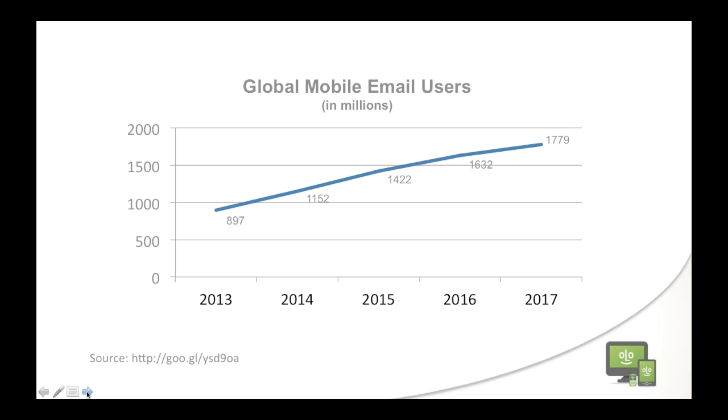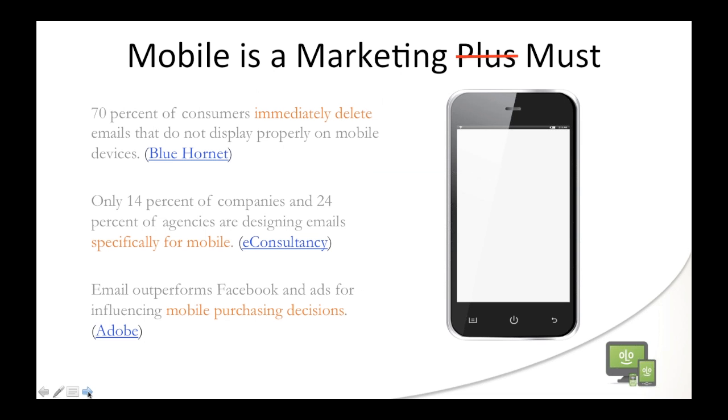Mobile has become really a marketing must. These are some stats pulled from various research reports around the web. The information at the top from Blue Hornet says 70% of consumers are immediately deleting emails that don't display correctly on mobile devices. That information is a year old. I would wager that it's actually gone up since then.